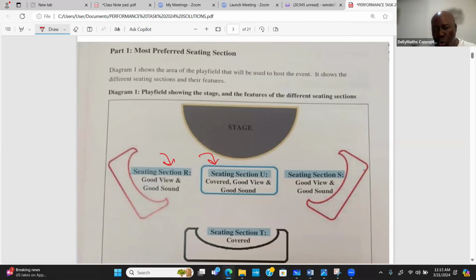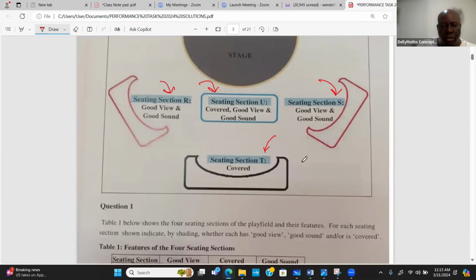Seating section U, we will be covered. Then we have good view and good sound. Seating S, we have good view and good sound. And last but not least, section T, you're covered. All right, so we have information there.